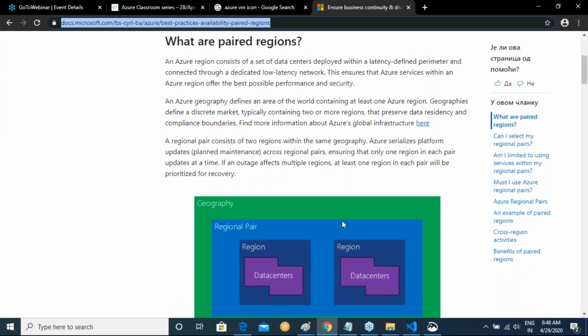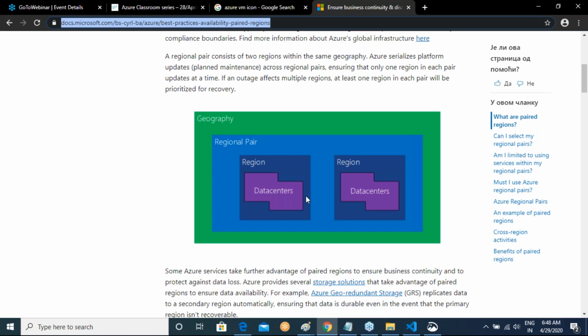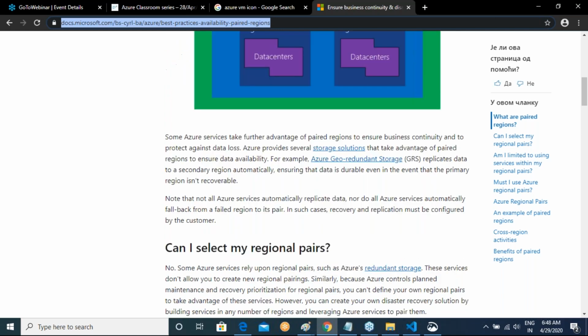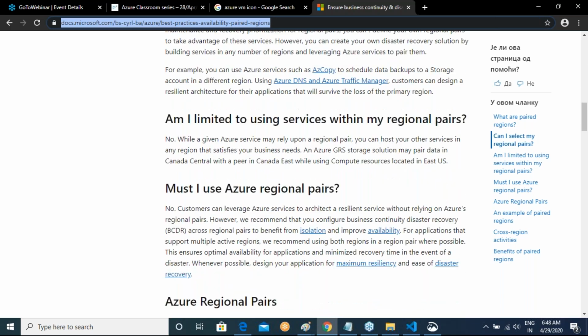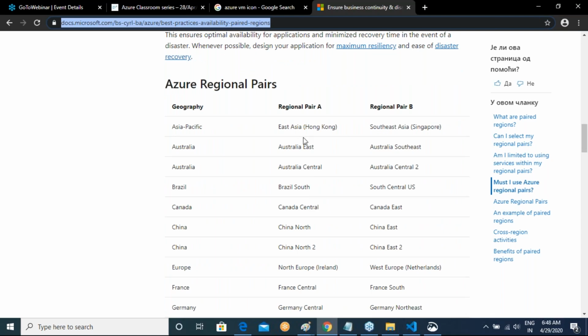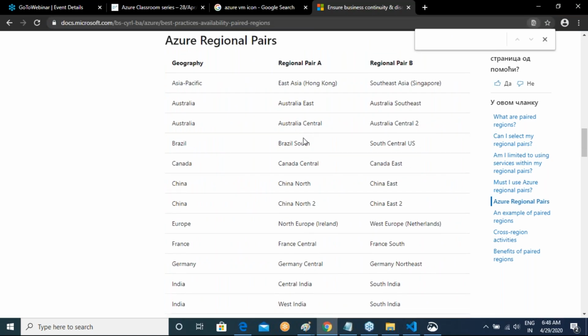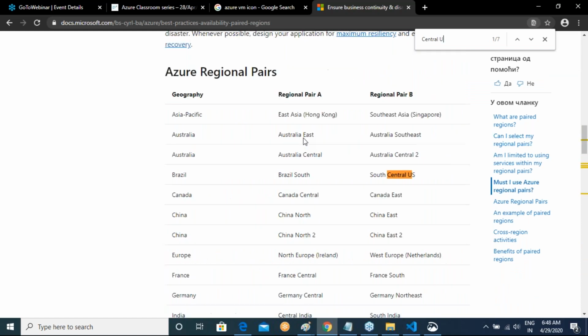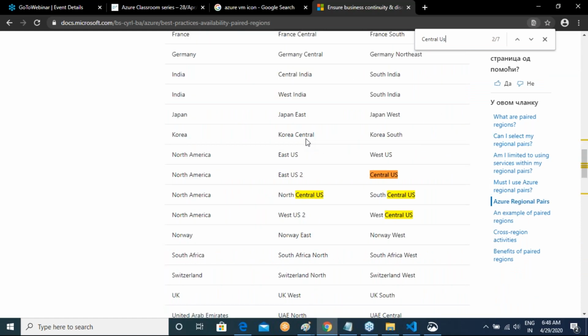Paired regions are two regions in the same geography, generally the same country, which have better connectivity speeds between them. If you want to find out the region pair, I selected Central US, and it says for Central US the paired region is East US 2, because the connectivity between these two regions will be very fast compared to all the other regions.